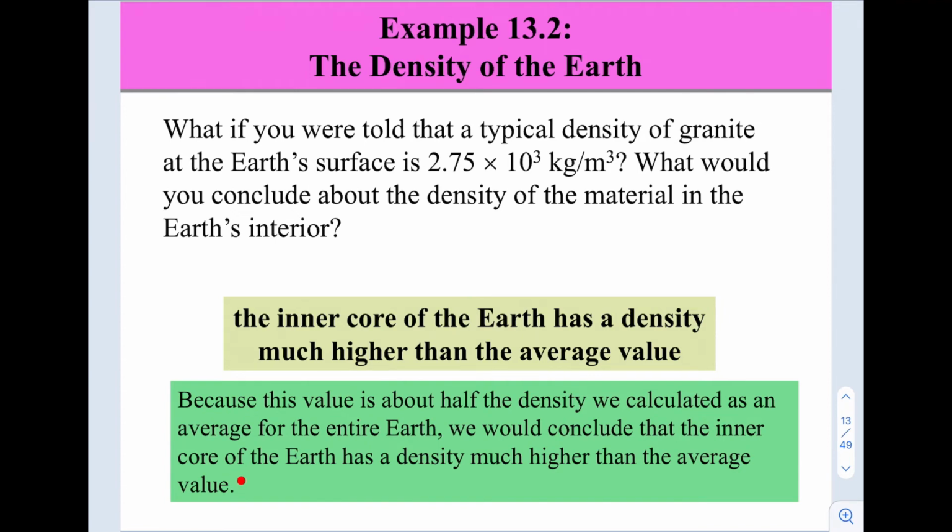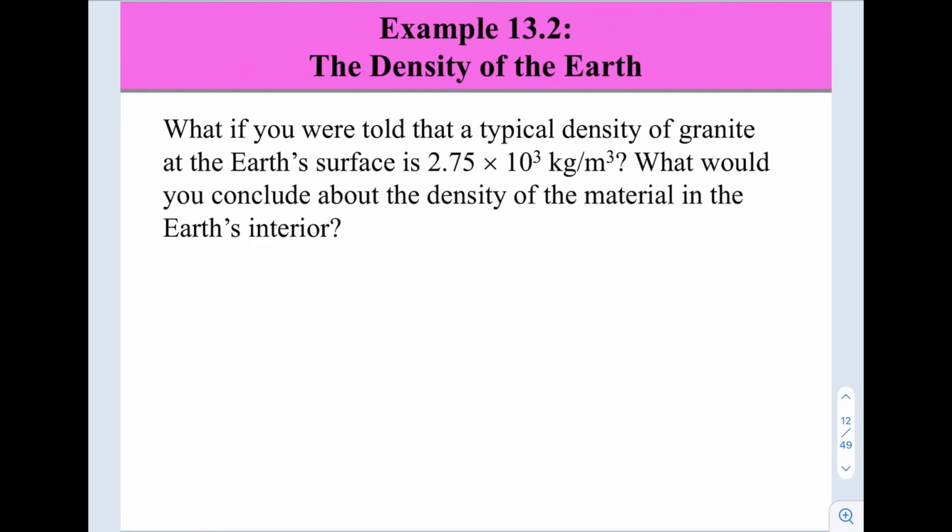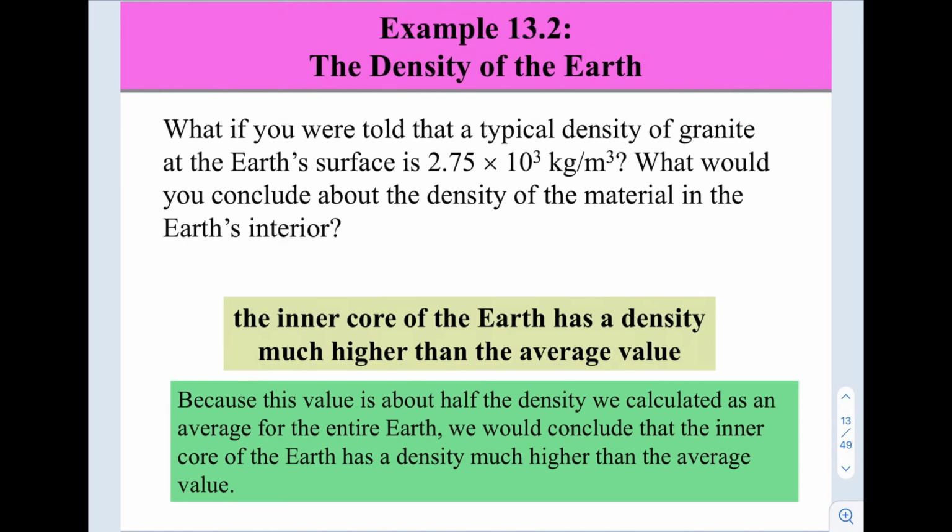So we would conclude that the inner core of the Earth has a density much higher than the average value. Why is it so? Because within the core of the Earth is not only granite, isn't it? We have lots of other metals and compositions of them.